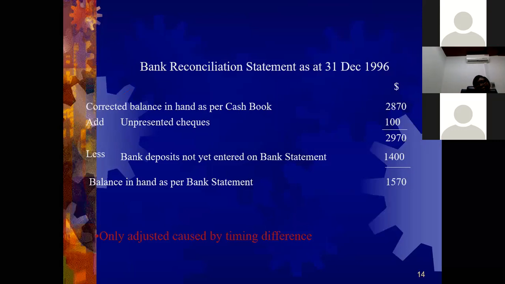We would have reconciled our statement with the bank balance. Again, let me say that we cannot go and change figures at the bank, so we have to prepare the reconciliation to agree the balances with the bank statement balance.